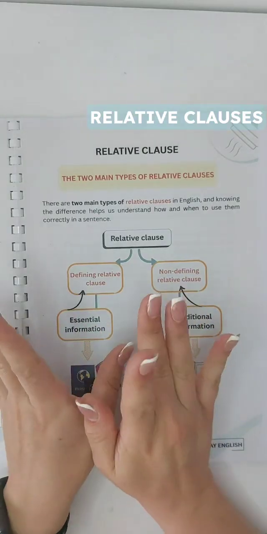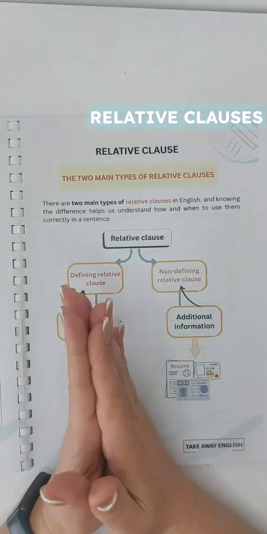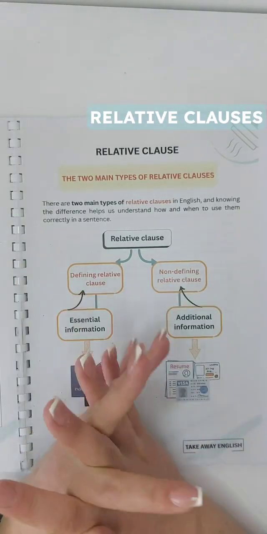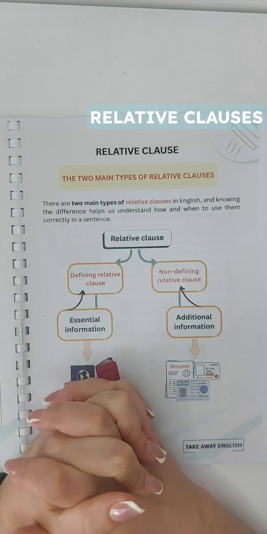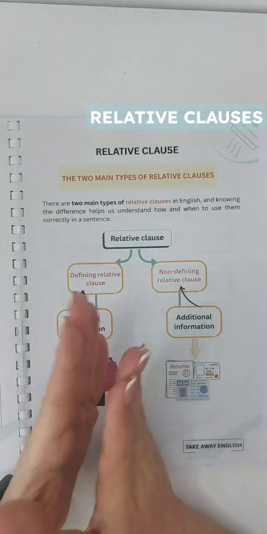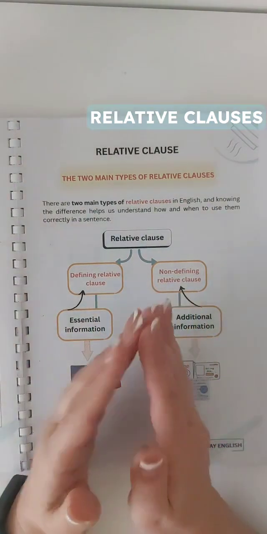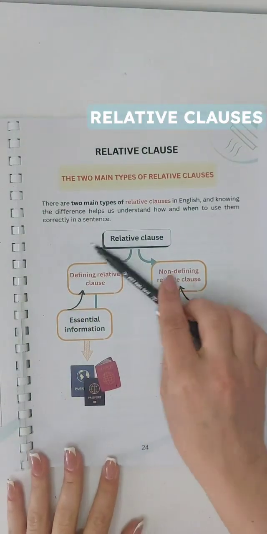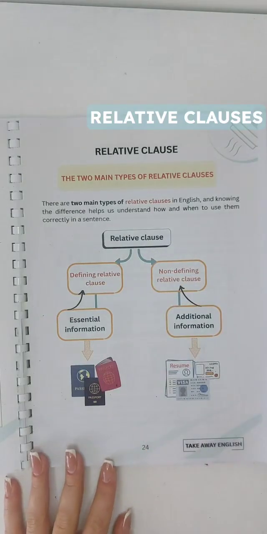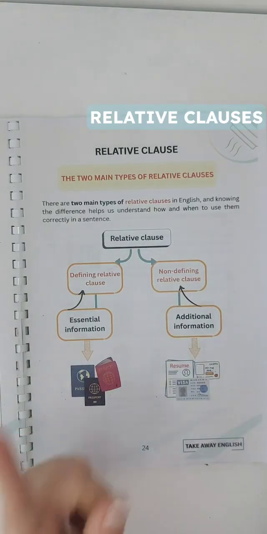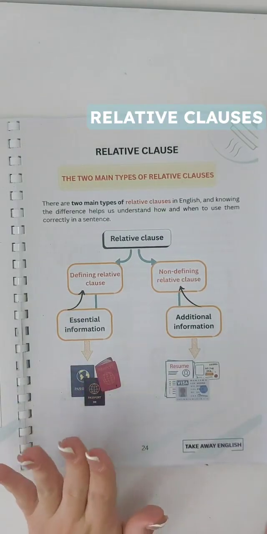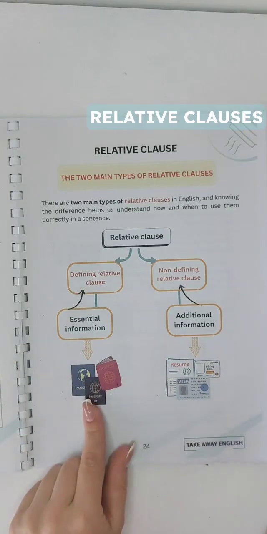Defining, not non-defining. Yesterday we talked about relative words, but today we're going to go deeper and learn each of the relative words used in defining relative clauses, because there are some detailed rules and structures that we use only with defining relative clauses.